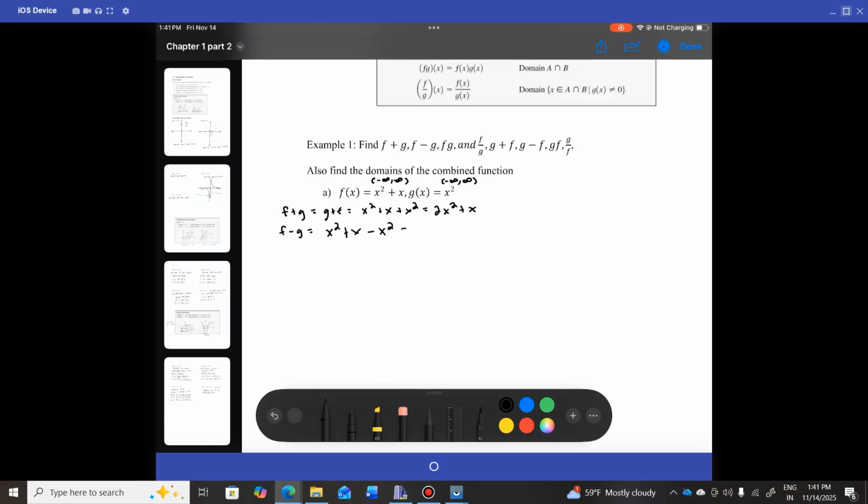The x squared terms cancel, and you get just x. If we do g minus f, then we're looking at x squared minus x squared plus x, which is going to be negative x.